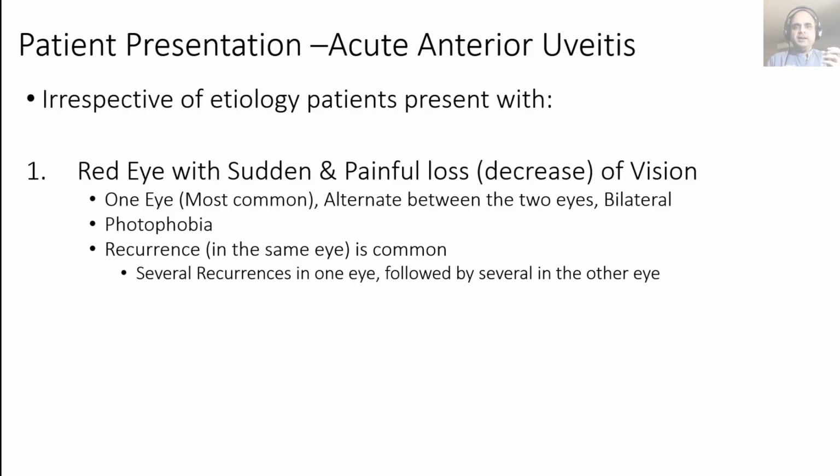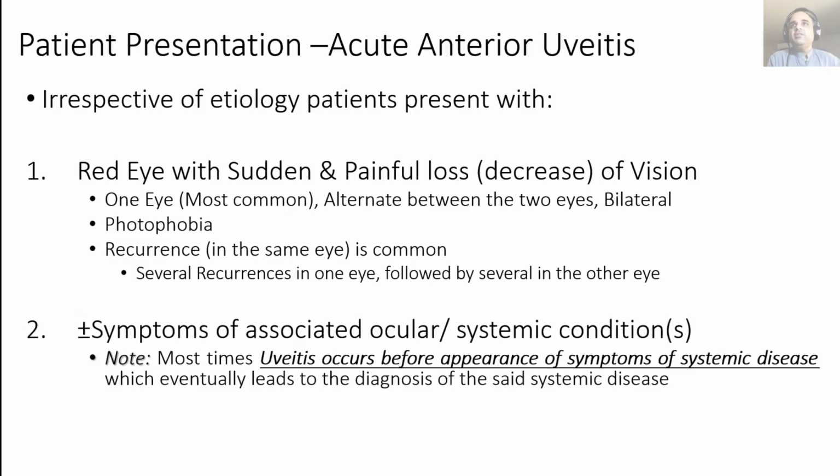By the time we talk about why the photophobia happens, you can think and come up with a clinical reason for it. There is a possibility of recurrence, and the recurrence is usually in the same eye. What happens is you have several recurrent episodes in one eye, followed by several recurrent episodes in the other eye. You might also have pre-existing symptoms, and obviously when you're examining, signs of an associated ocular or systemic condition.